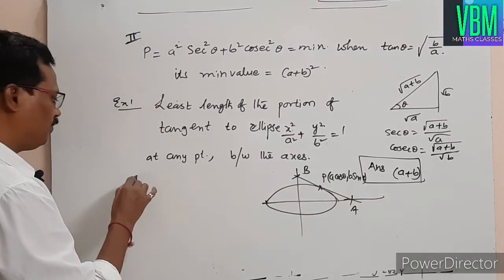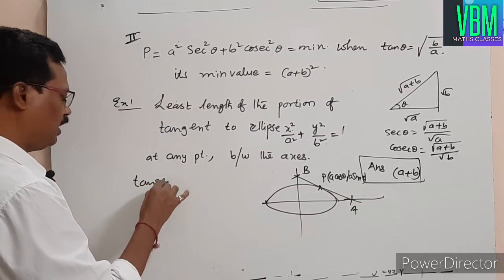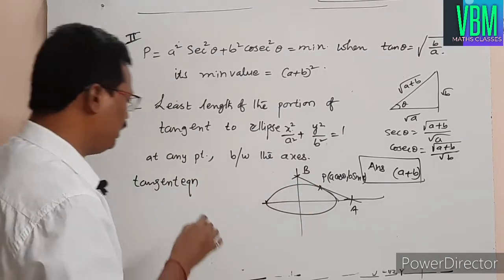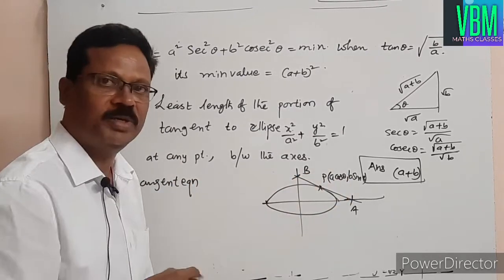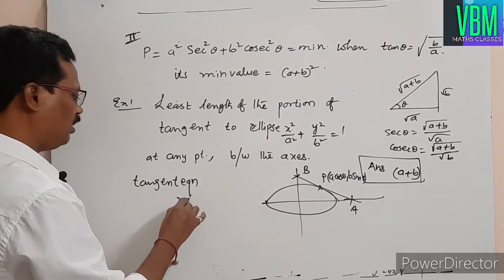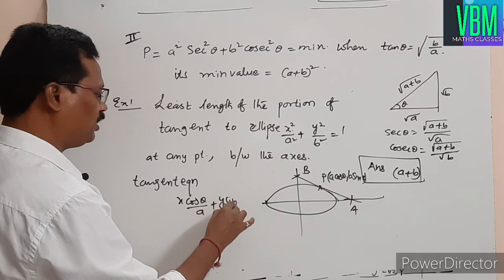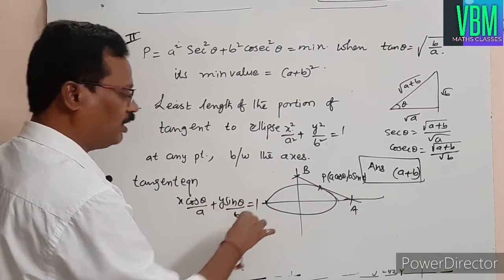What is the tangent equation at any point? The tangent equation for the ellipse at the point a cos theta comma b sin theta is x cos theta by a plus y sin theta by b is equal to 1.